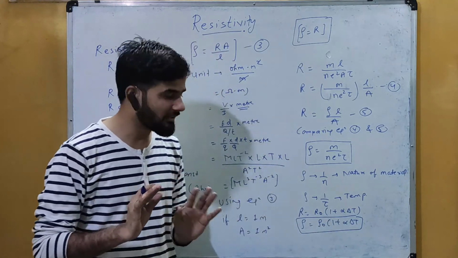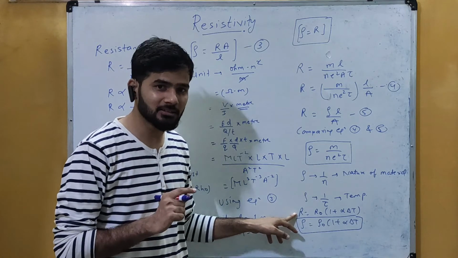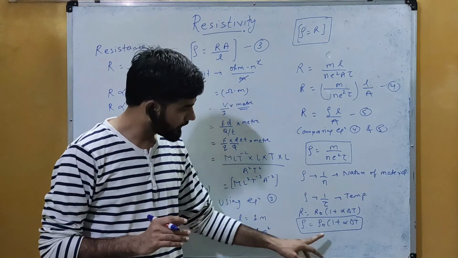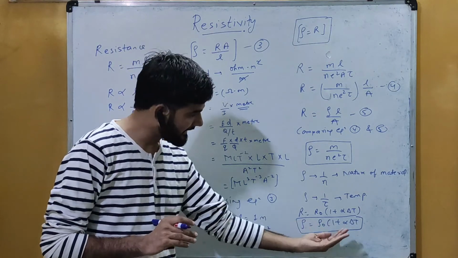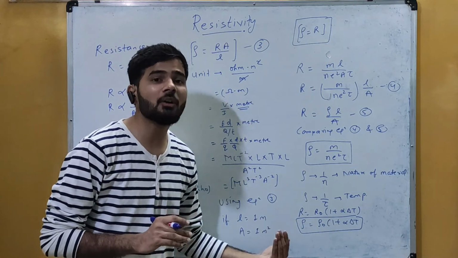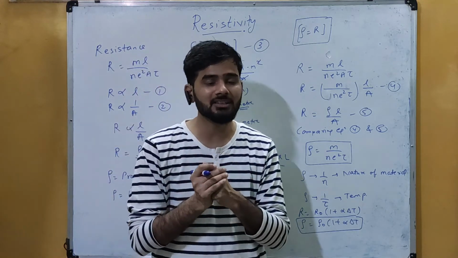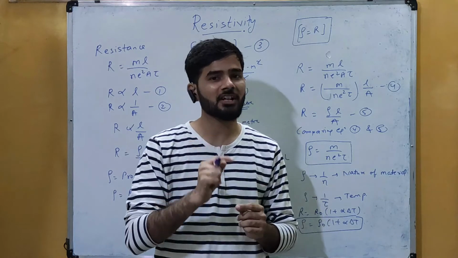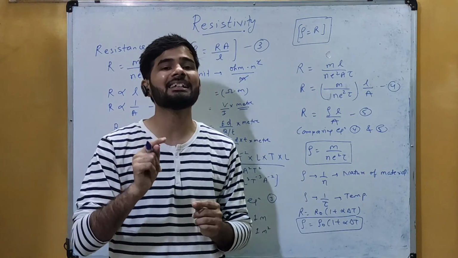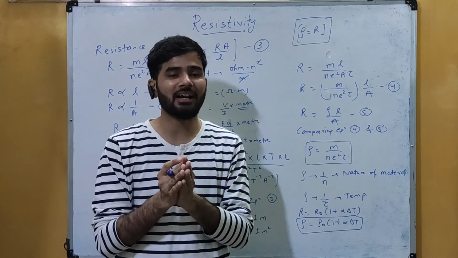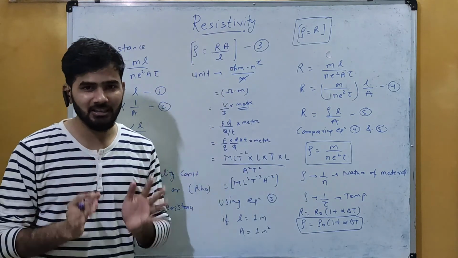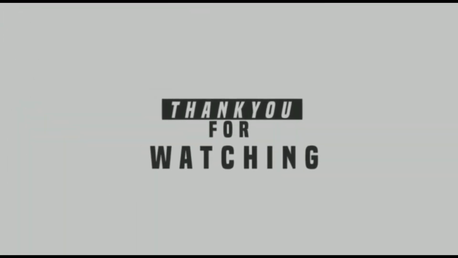Okay, so whatever we have studied in case of the resistance, that how it depends upon the temperature, the same thing is here in case of resistivity also. और यहाँ पर भी हम define कर सकते हैं अल्फा को by taking all the parameters on the one side. So how we can define this temperature coefficient of resistance? It is equals to the change in the resistivity per unit original resistivity per degree rise in temperature. That's how we can define the temperature coefficient of resistivity. So this is all about the resistivity of a conductor.